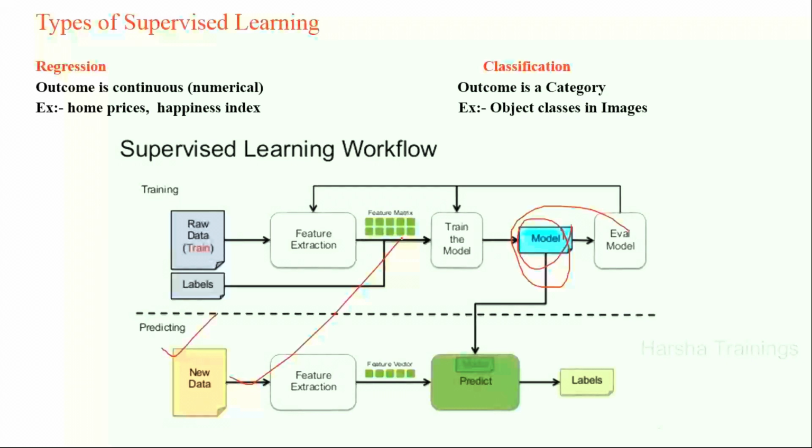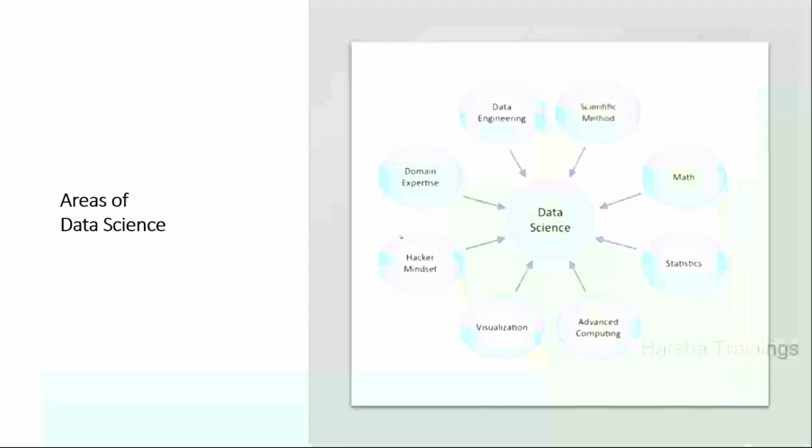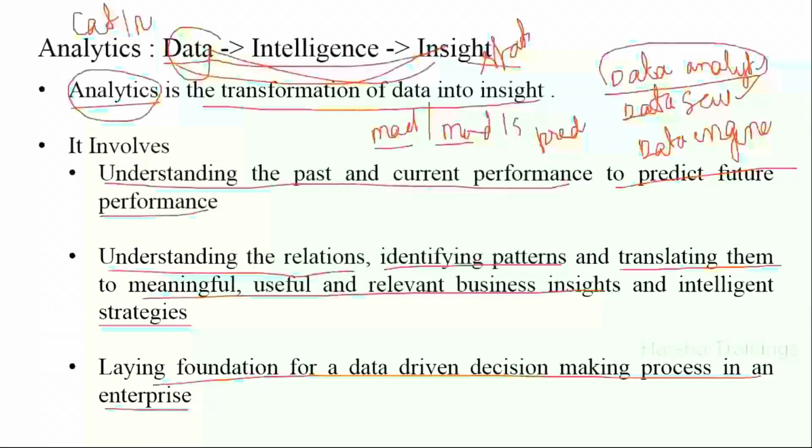Clear for you? Now, in big data, we have one more portfolio called data engineer. A data engineer is a person who is a known person in big data. He is going to prepare data for you. For a data scientist or data analyst, we need some data. Who is going to give the data to you?